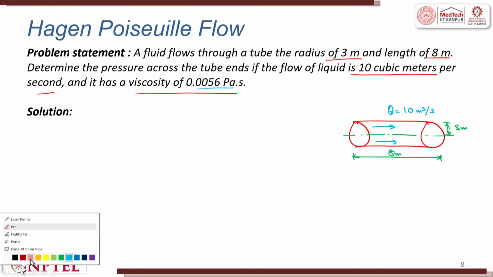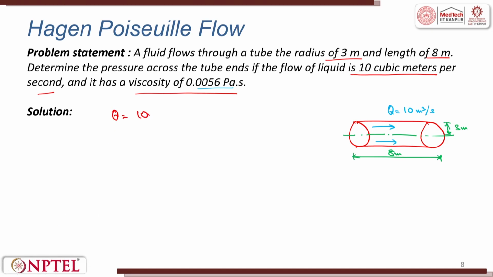So, putting all the values here, Q is equal to 10 meters cube per second, viscosity eta is equal to 0.056, the value of R is 3 meters, and the length of the pipe L is 10 meters. We need to find the pressure across the tube ends. Pressure across tube ends means if it is P1 here and P2 here, we need to find P2 minus P1, that is delta P is to be determined.